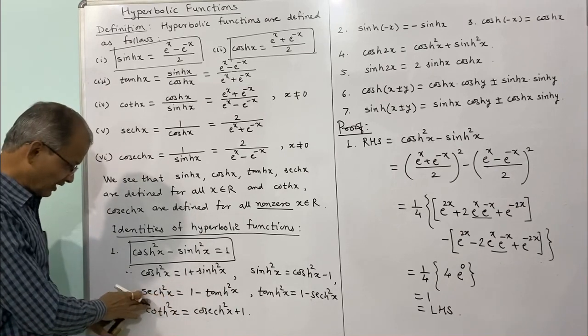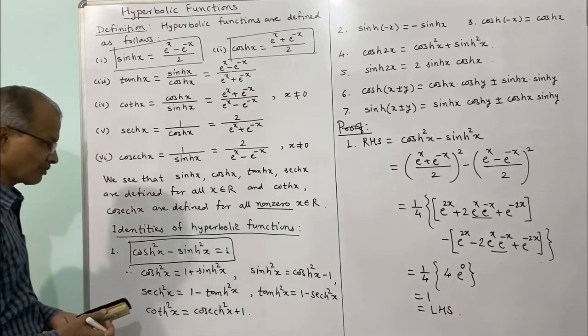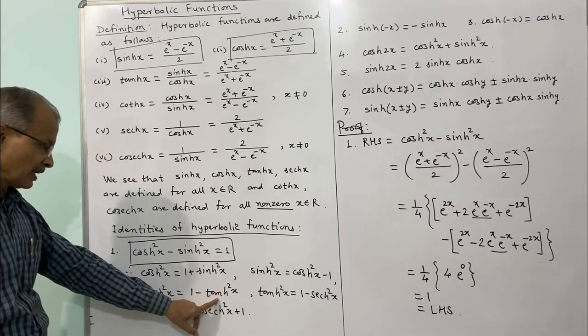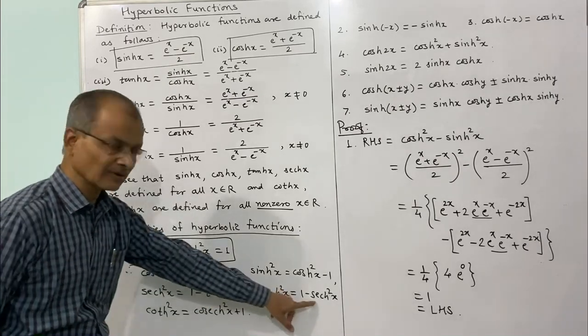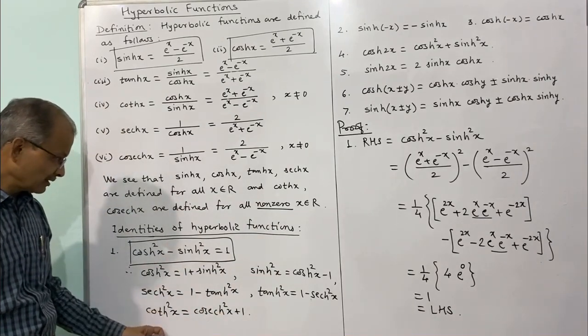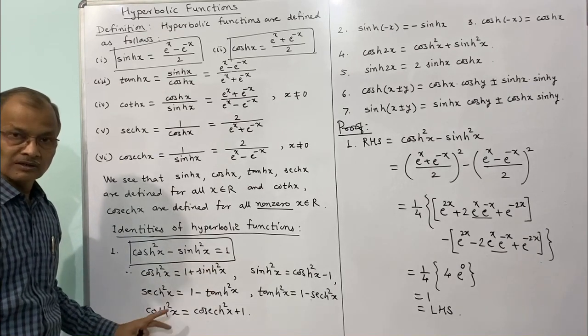So dividing by hyperbolic cos square x we get this one, and here how to get this hyperbolic tan square x formula? From this only. See, hyperbolic tan square x is transferred to this side, and hyperbolic sec square x is transferred to this side. Only the shifting of terms and division. And here to get this result, we divide the relation by hyperbolic sin square x.